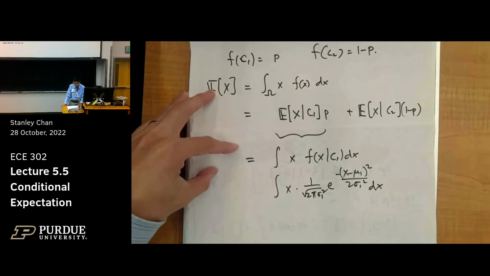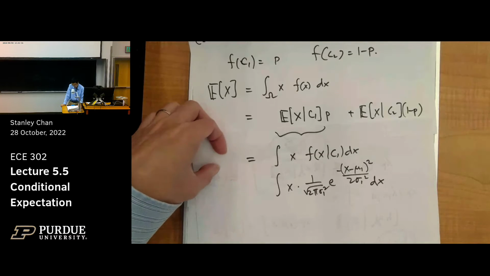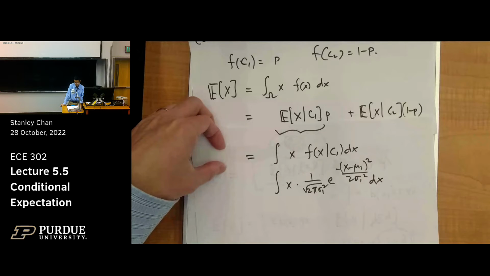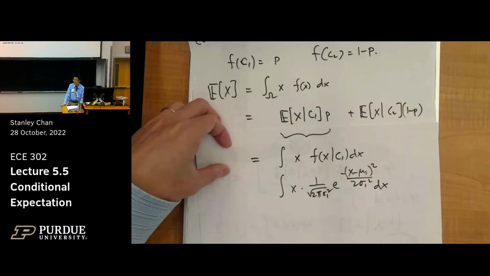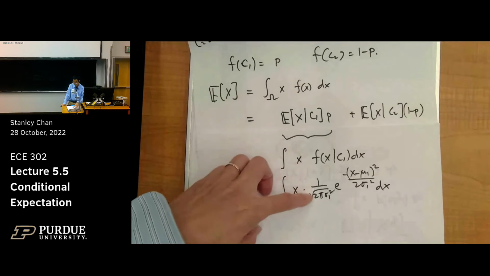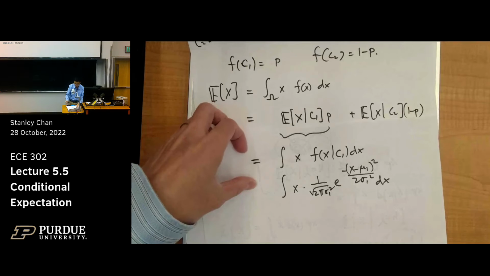Whoa, very complicated formula. Then I need to start to do this integration, and then integration by parts, and then substitution, and of course, that will make you cry. And I can tell you, you don't have to do that. I can tell you the answer immediately. What is the answer for this integral? Not 1, yeah? Mu1, okay, mu1. Why?